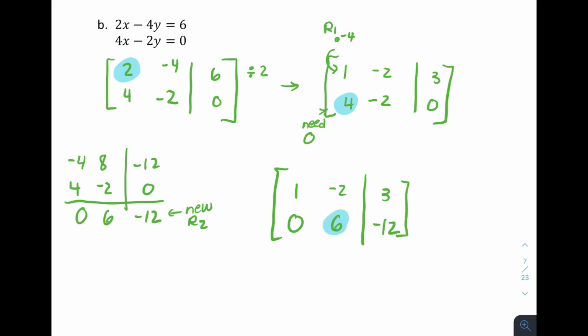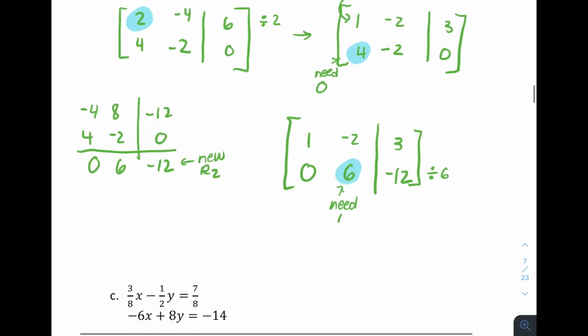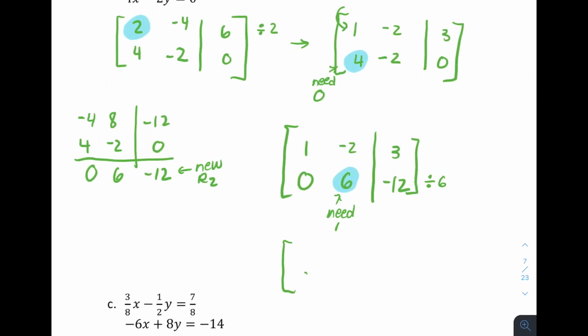Now I need my 1 in the lower right hand corner, and to get that 1 I can divide row 2 by 6 and then write my new row 2 down, 0, 3, and -6. Top row hasn't changed. Last thing I need is a 0 in column 2 in that top row there. So I'm going to use my 1 in my second row.